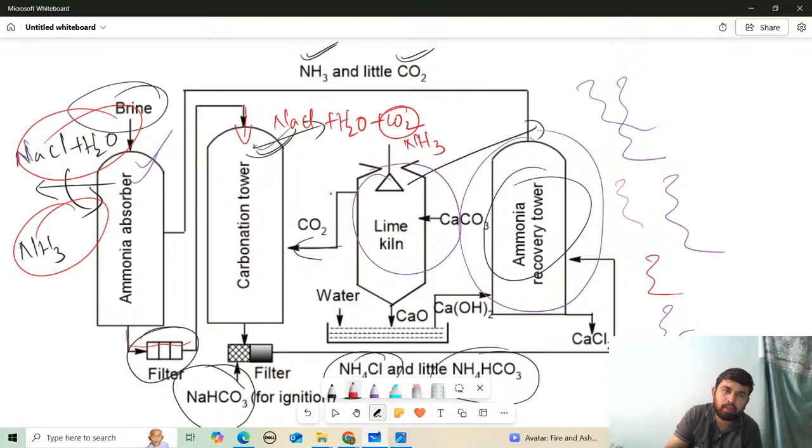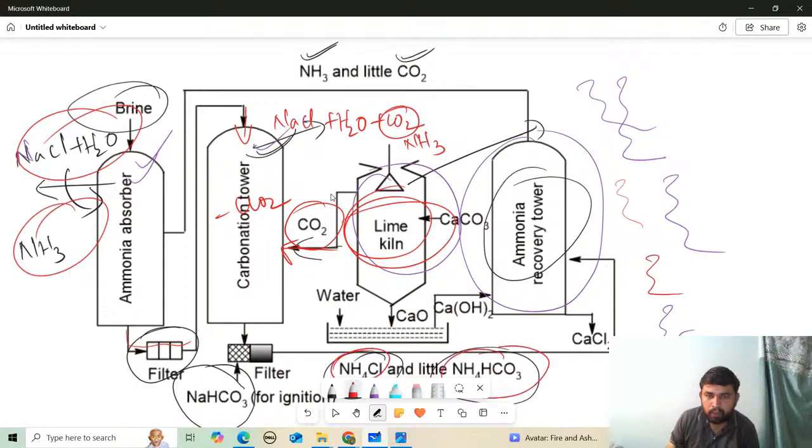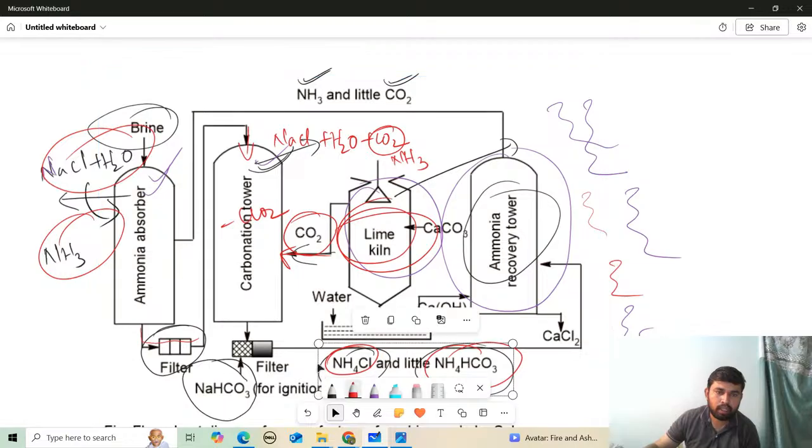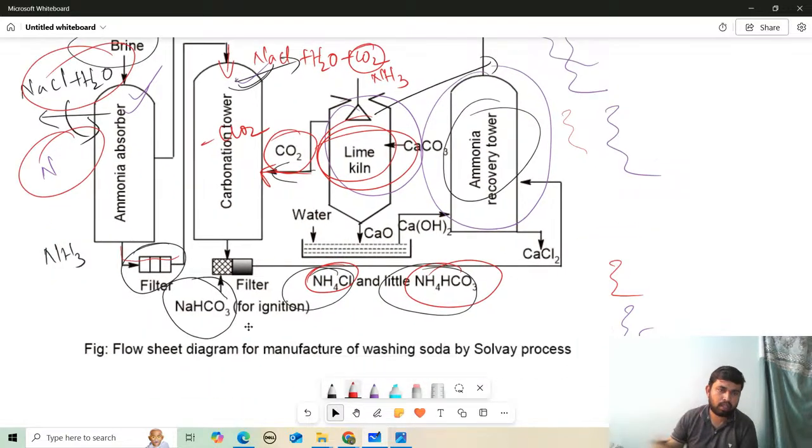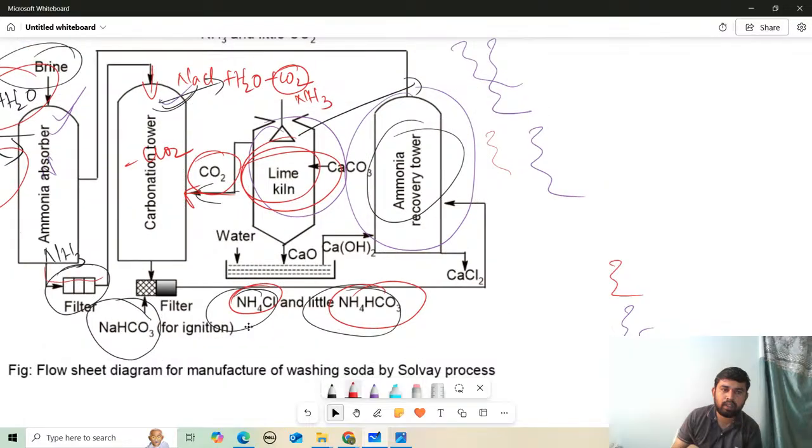These three mix with CO2 gas, which is taken from the lime kiln. These four react and form ammonium chloride and sodium hydrogen carbonate. Here our product is going to form.